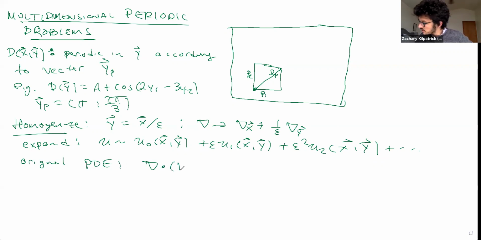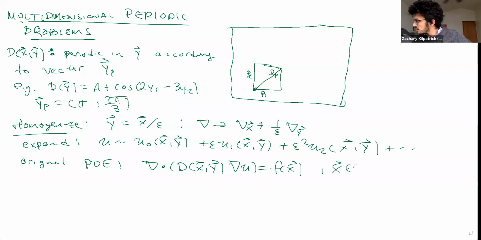We have the divergence of D(x, y) gradient of u is equal to f of x, and x is living on some domain omega that's inside of R^n.